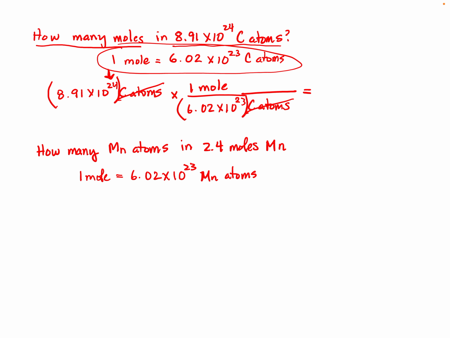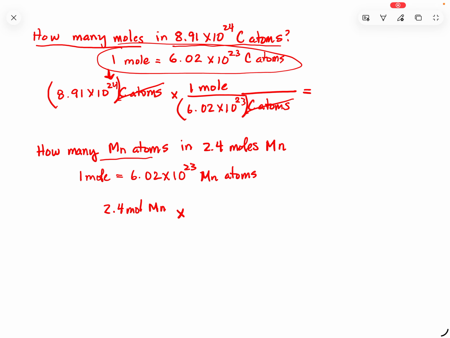Okay, so this time we're given what? What are we starting with? 2.4 moles, right? Of manganese. So what do we want on top for our conversion factor? Avogadro's number, right?